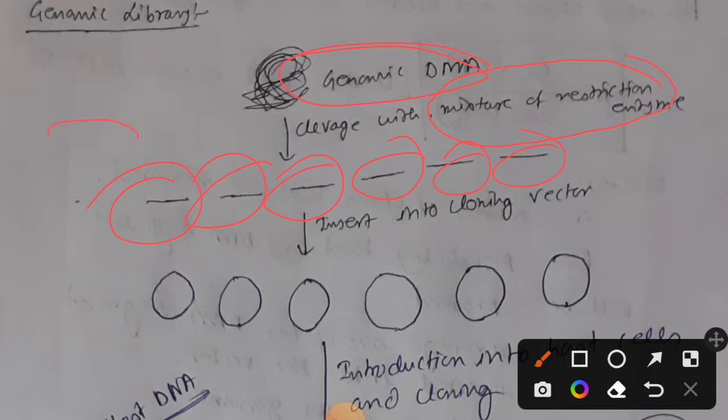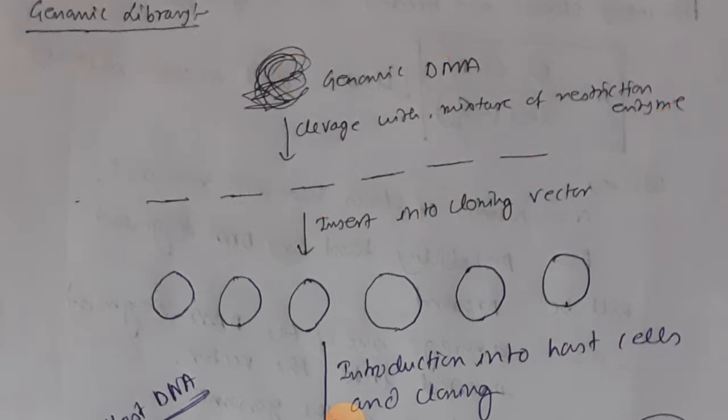Although here I have described only 1 2 3 4 5 6, there can be many. Now the question is, why have I used a mixture of restriction enzymes? The answer is to generate overlapping fragments.